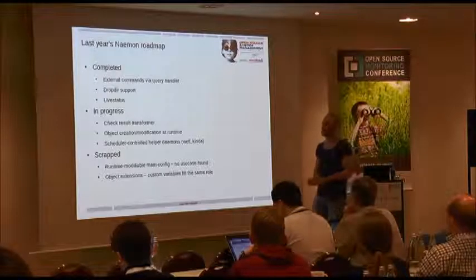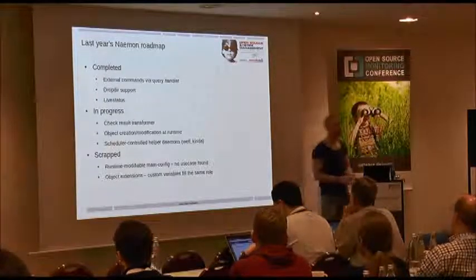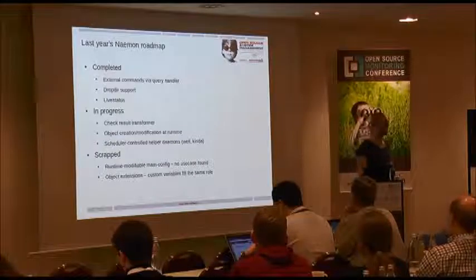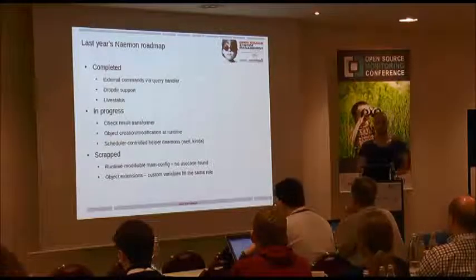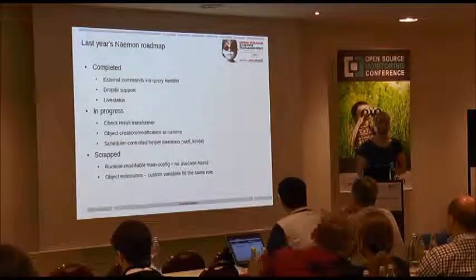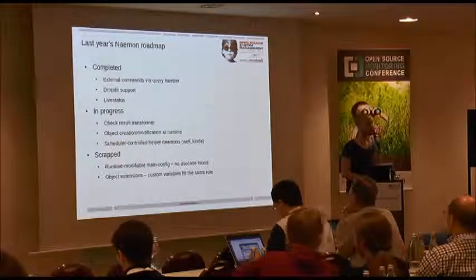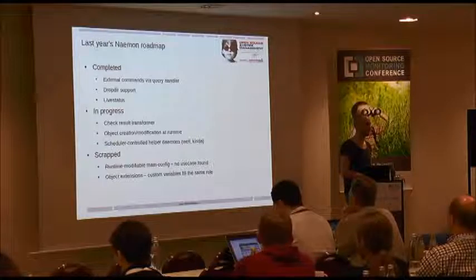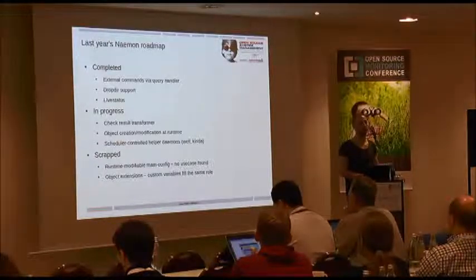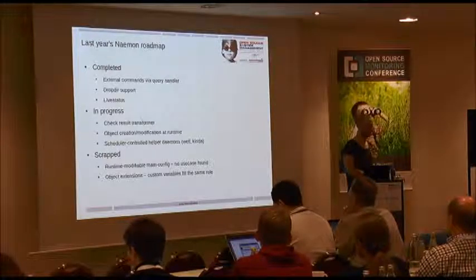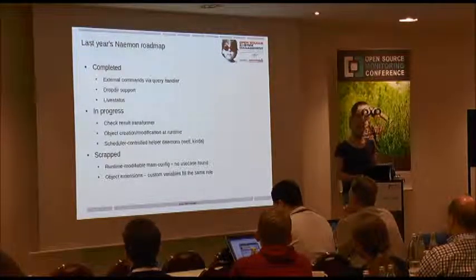External commands via query handler. This is important because you need to be able to get a response from your monitoring system if your command has been processed, if it was malformed, or if it succeeded, or what happened with it. Drop dir support, because Chef and Puppet need to be able to install modules and add-ons and make modifications. Live status, because using anything else is stupid. You should not do it.